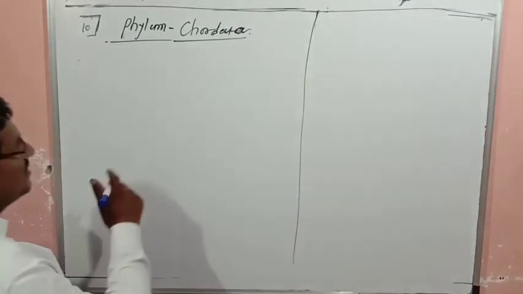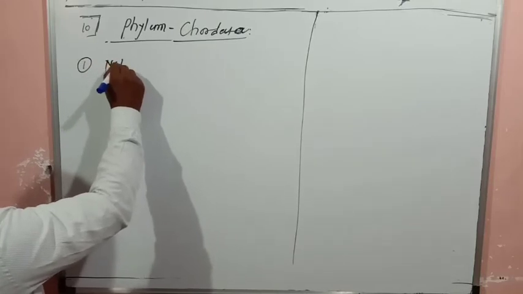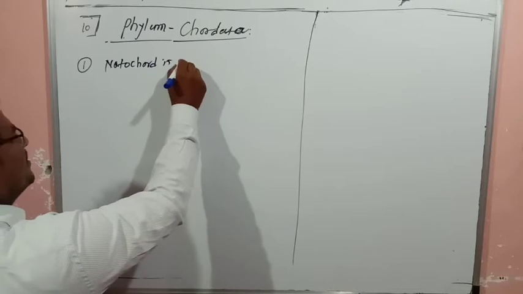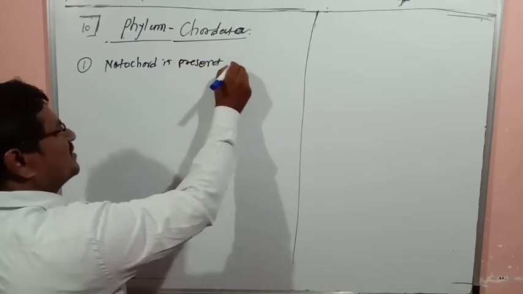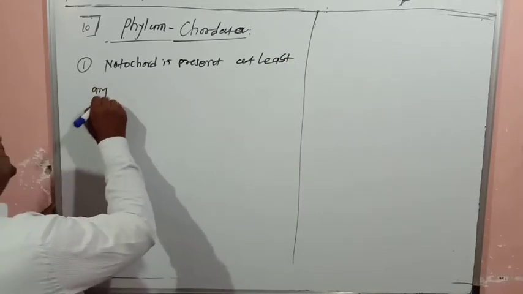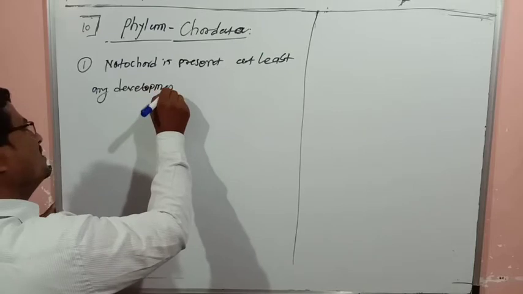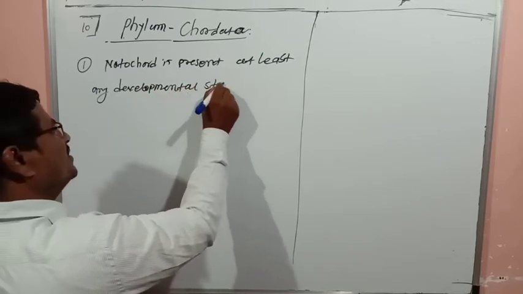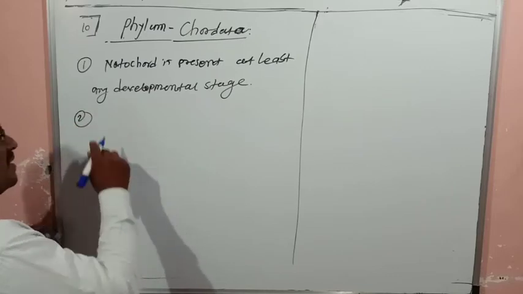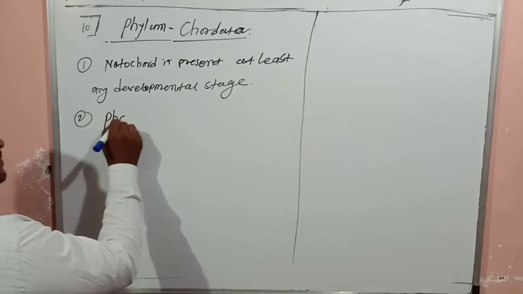So characteristics of chordates: the first characteristic is that notochord is present at least at any developmental stage. The second thing is pharyngeal gill slits.